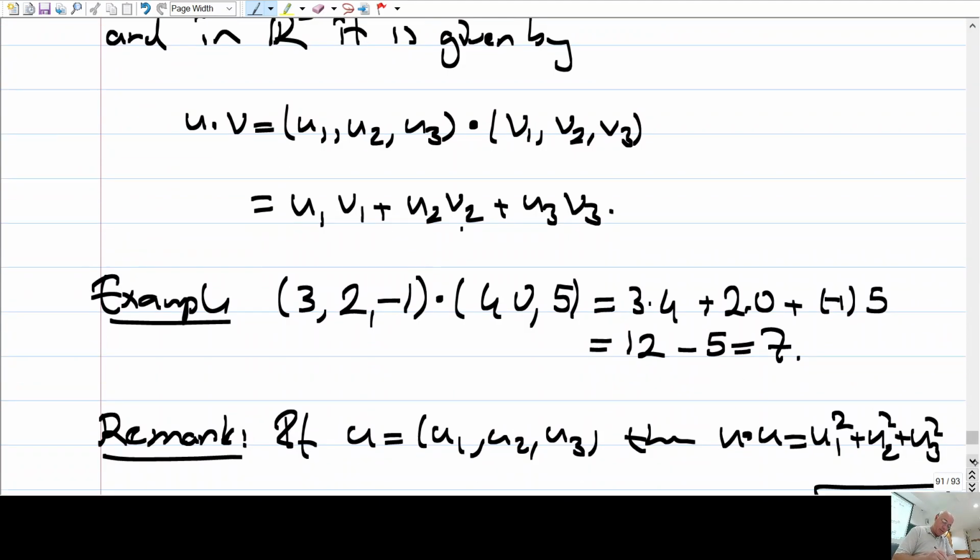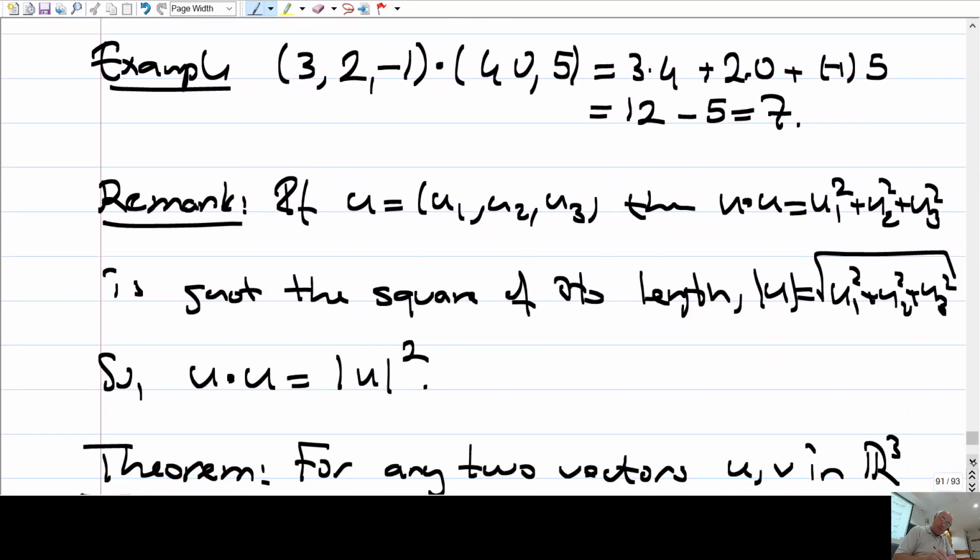We did one example, and we see that for a vector u, its dot product with itself is nothing but its length squared.